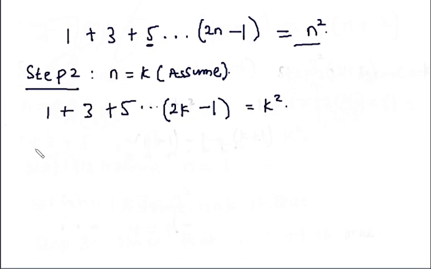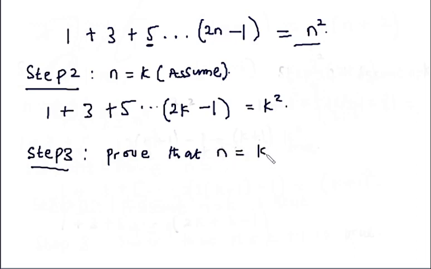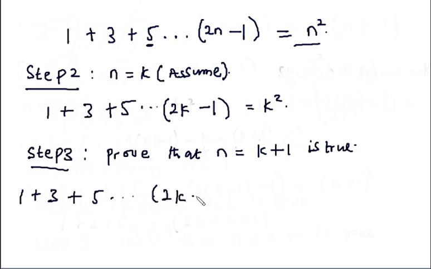So for step 3, we have to prove that n is equal to k plus 1 is true. From here on out, our statement becomes 1 plus 3 plus 5, and then on up to 2k minus 1.